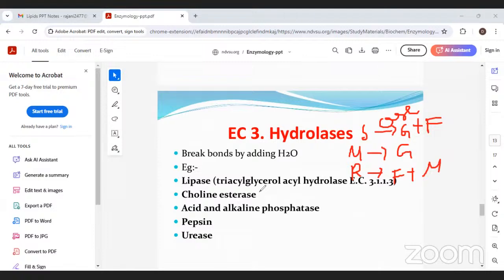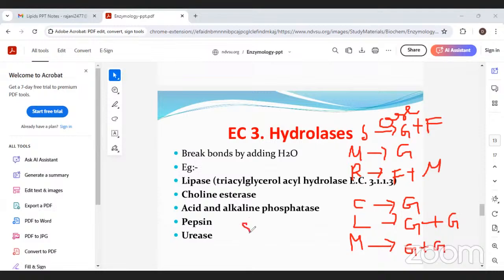Next, cellobiose is converted into glucose by the cellobiase enzyme. Next, lactose: lactase enzyme converts it into glucose plus galactose. Next, melibiose: the melibiase enzyme converts it into glucose plus galactose as well.